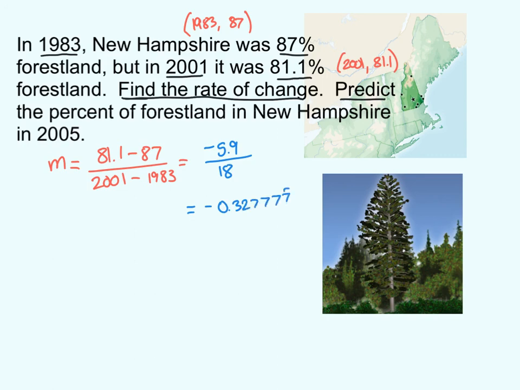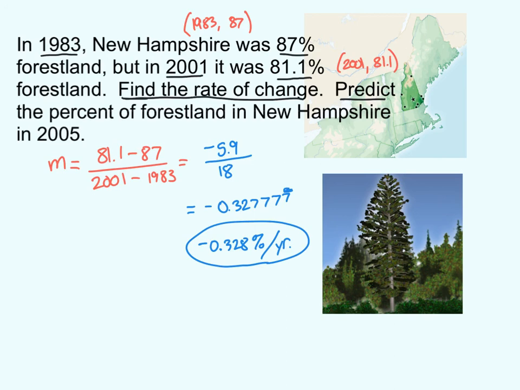Now I know I said you can't use decimals for slope, but in this case I'm just doing a rate of change. I'm not going to try to graph, so I can use a decimal in this situation. So what I'm going to say is that's negative 0.328% per year is the rate of change of forest land in New Hampshire.